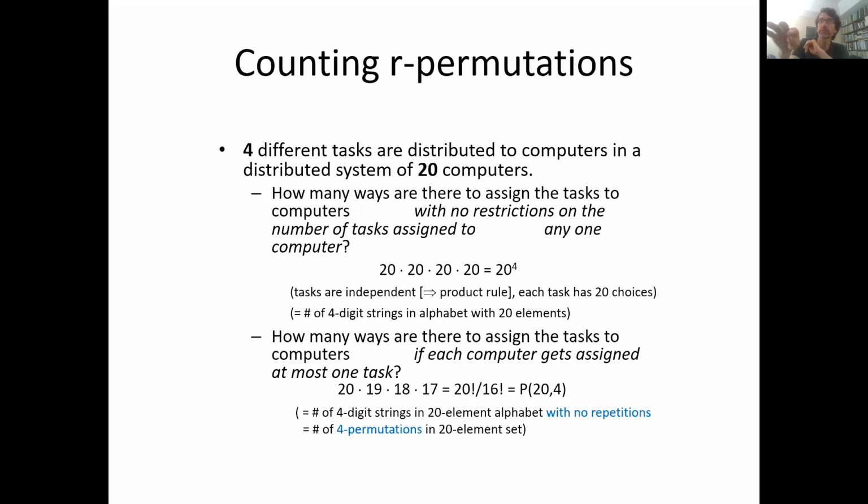If you took the same set of computers but reversed the way the tasks are assigned, that's a different assignment of tasks to computers. So the number of possible assignments is exactly the number of 4-permutations, 4 computers taken and ordered in a 20-computer set.